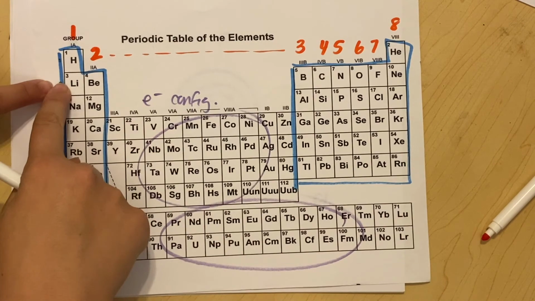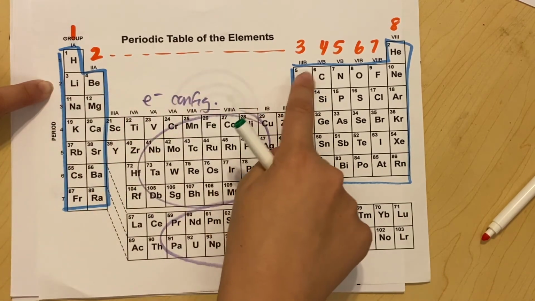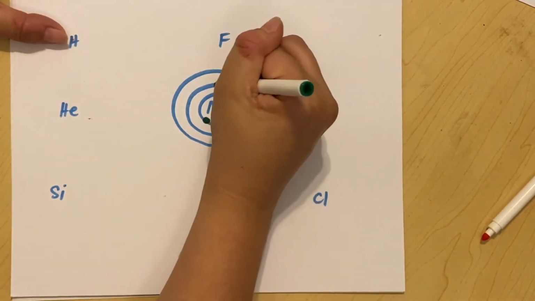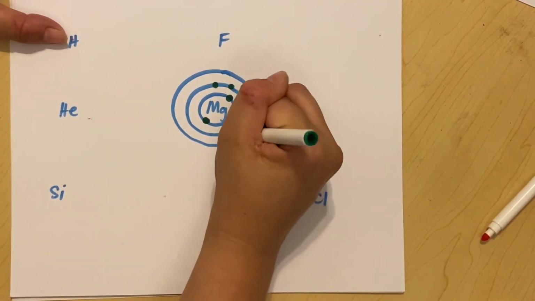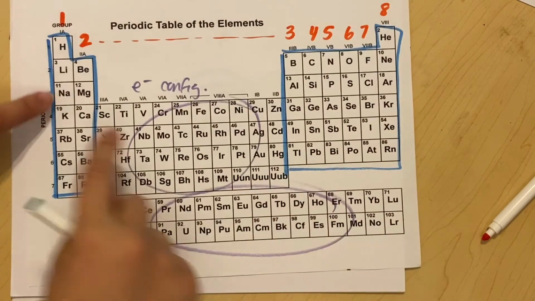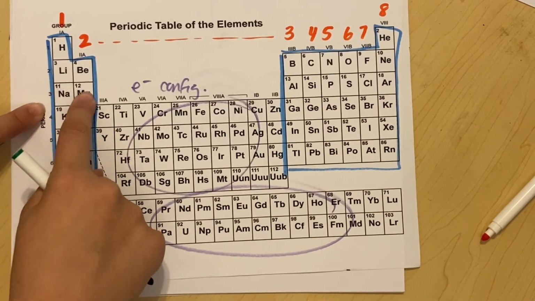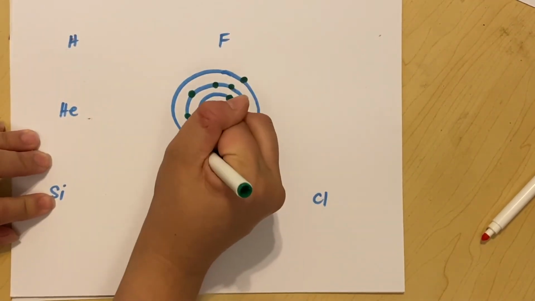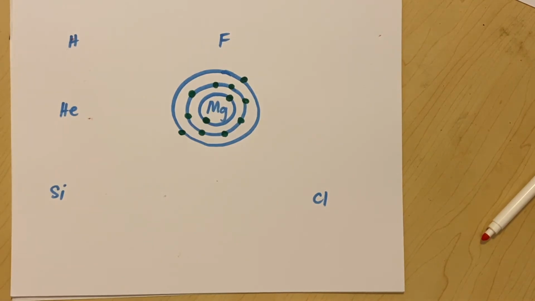On shell 2, on period 2, I have 1, 2, 3, 4, 5, 6, 7, 8. And then on shell 3, where magnesium is, I should have 1, 2 electrons on that third shell to get to magnesium. That's your Bohr model for magnesium.